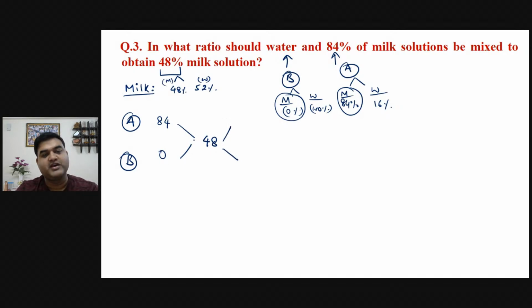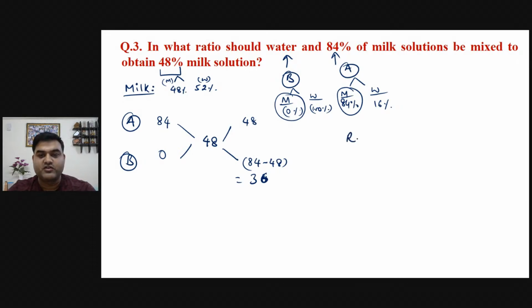84 and 0, these two we have to add in what quantity? This will give the ratio. So this minus this: 84 minus 48, and 48 minus 0. This is 48 only. And 84 minus 48 will become 36.